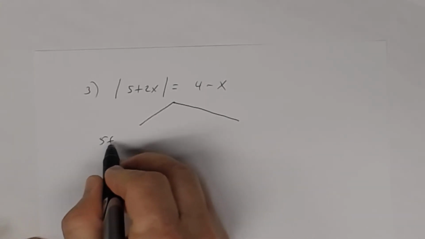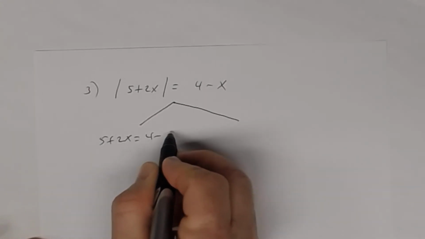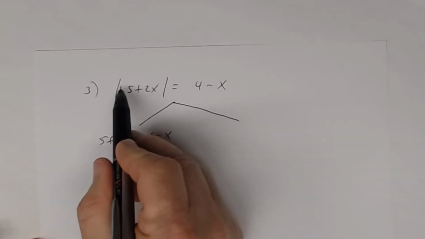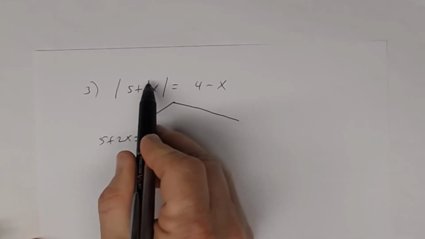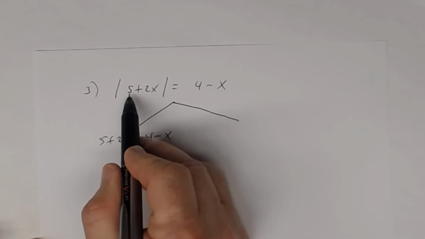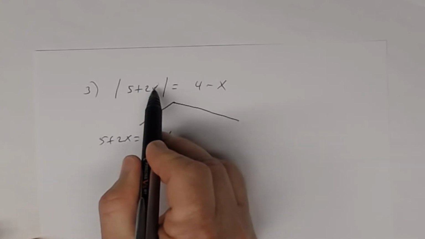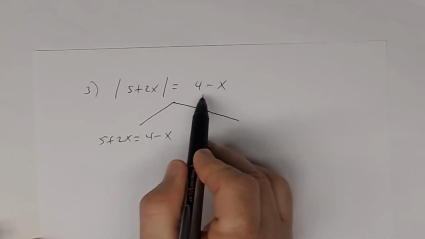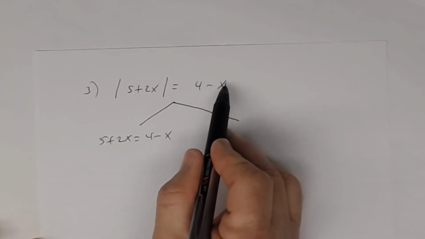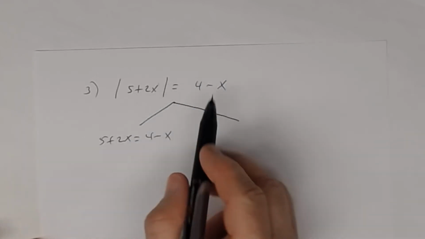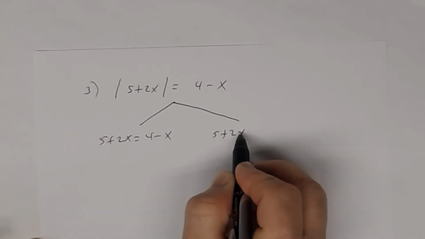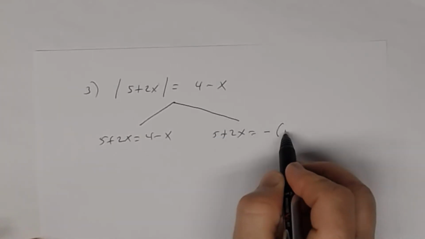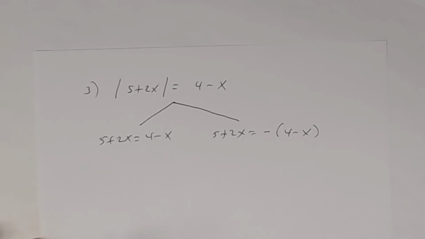So 5 plus 2x must equal 4 minus x. But if this is negative right here, in order for this to equal this, I've got to take the opposite of this. So 5 plus 2x must equal the opposite of 4 minus x. All right.